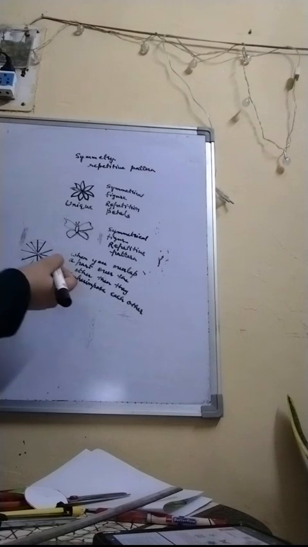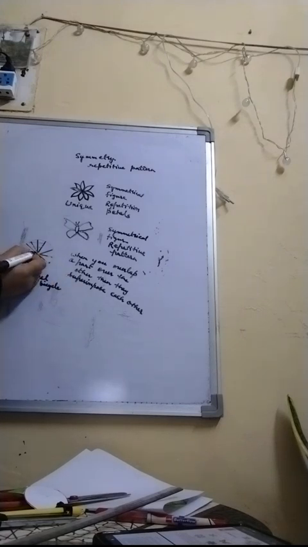Similarly, suppose this is a circle and I make a rangoli. All of you have seen a rangoli. So a rangoli also has repetitive patterns, and it looks so beautiful when you look at rangolis.